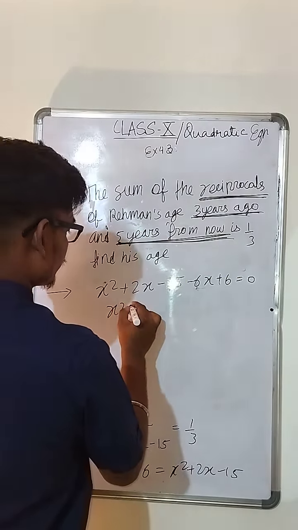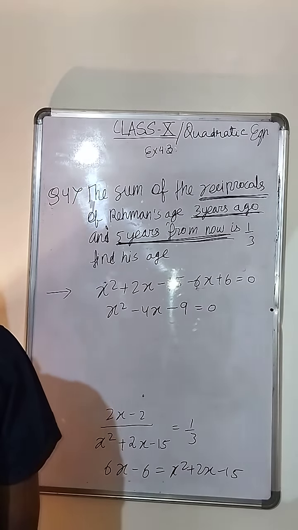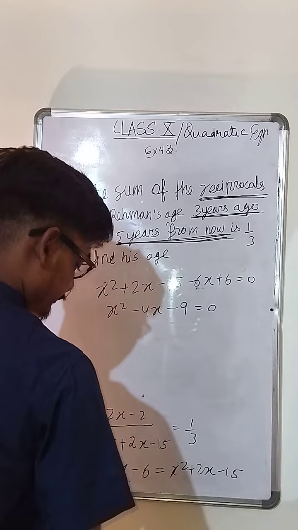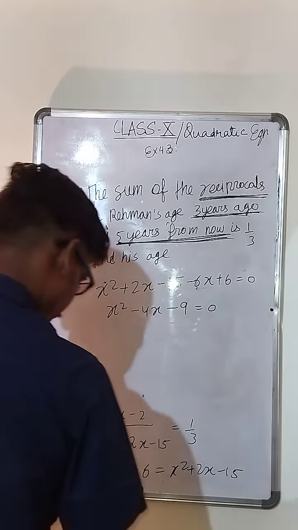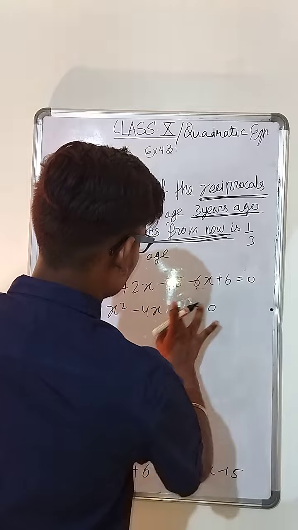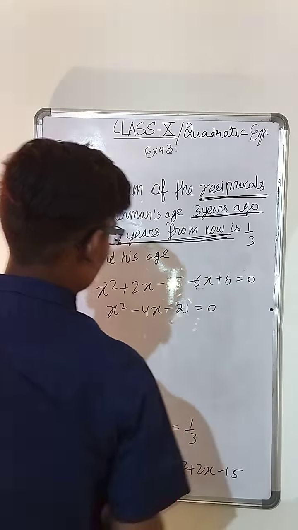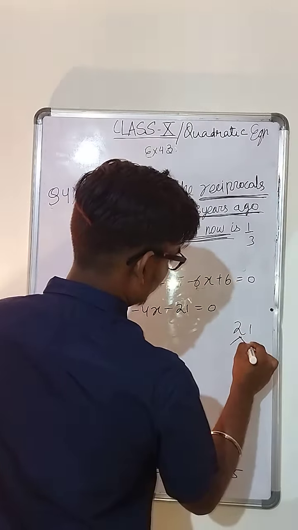So now you can solve it by the completing square method also, or you can solve it by factorization. It will become minus 21, and for 21 it will be 7 and 3.